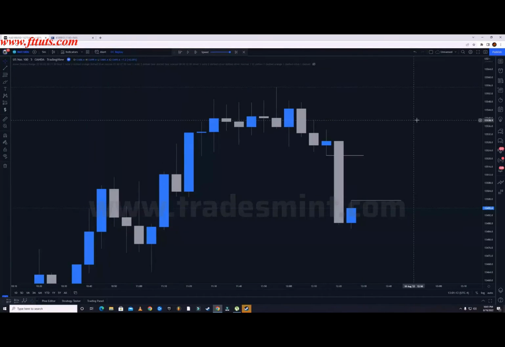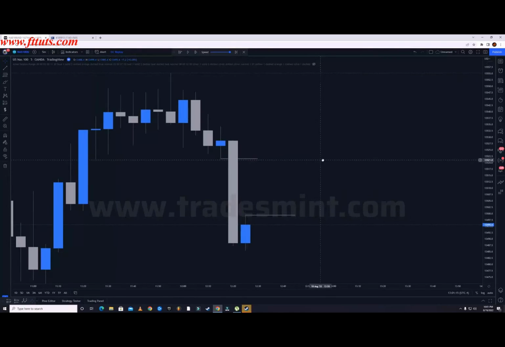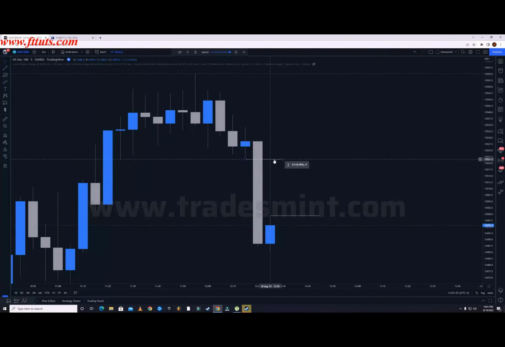As we discussed, when we're looking for a short position, we look for the low of the first candle, which is this. As you can see, there is a wick. So this is the low of the first candle, and then we look at the high of the third candle, and there you can see there's a gap around this level. What we should be expecting is that price is going to fill this level, this imbalance, and go down.